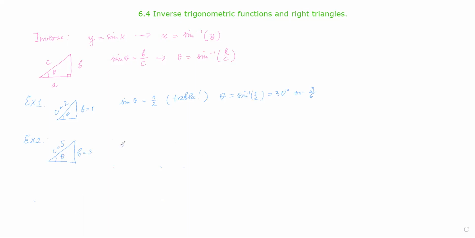Again, use the same equation, write down that sine of theta equals b over c, in our case 3 over 5. And the same way, theta is going to be sine inverse of 3 over 5. The only bad thing is that 3 over 5 is not in our table. There is no value for theta for 3 over 5. What should we do in this case? In this case, we are supposed to use a calculator.